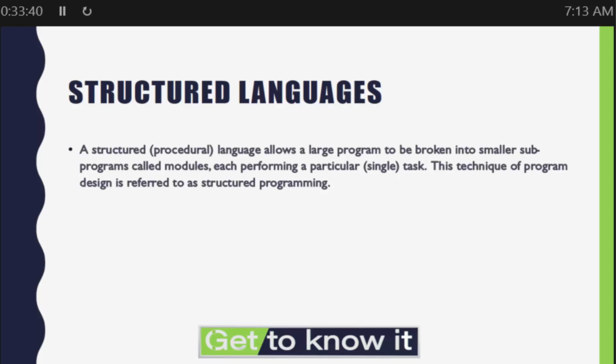A structured or procedural language allows a large program to be broken into smaller subprograms called modules, each module performing a particular task. This technique of program design is referred to as structured programming.